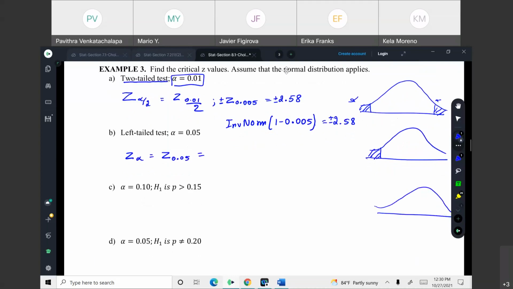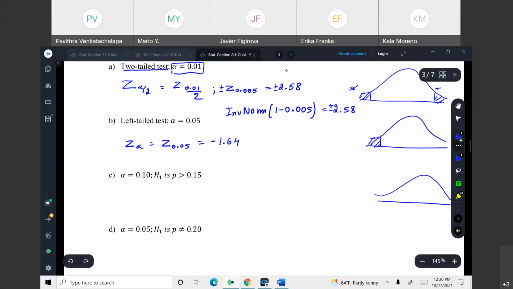So the answer for B will be minus 1.64. You just have to use inverse norm of the area and you will get negative 1.64. Now for question C, you have the alpha value, but they have not mentioned which test they are using. So how do you find that?